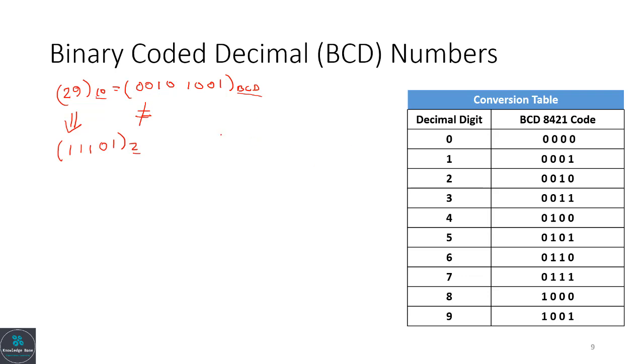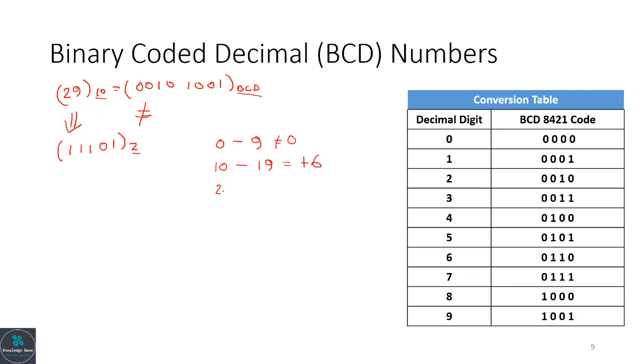Now for a number ranging from 0 to 9, if we want to convert its binary to BCD value, we have to do nothing, right? Now for the integer values 10 to 19, if we want to convert its binary value into its BCD value, we have to add 6 to it.